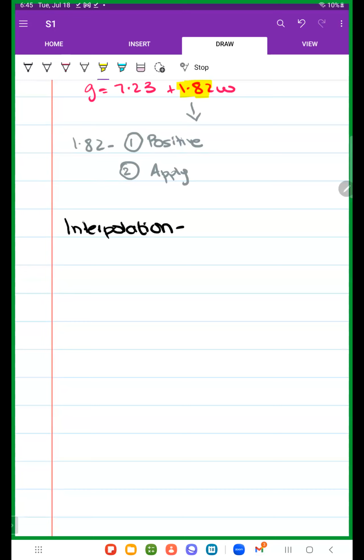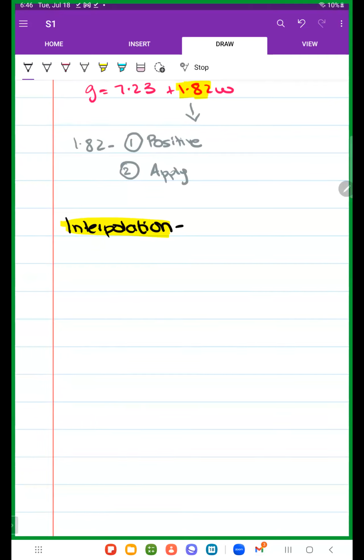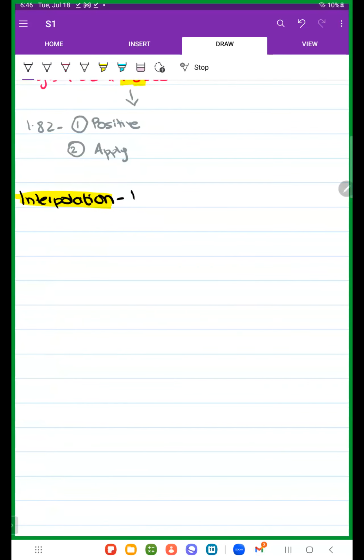What is interpolation? It is basically making a prediction based on the value outside the range. It's making a prediction based on the values they've given you.